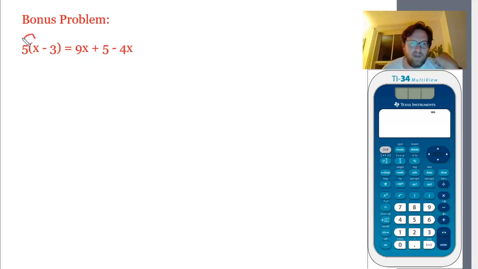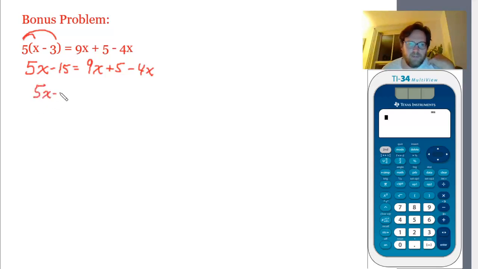So we're going to distribute 5 times x and 5 times negative 3. 5 times x is 5x. 5 times negative 3 is negative 15. Equals. On the right side, we have 9x plus 5 minus 4x. So we have 5x minus 15. What do we do after we distribute? We combine like terms. 9x minus 4x is 5x plus 5.